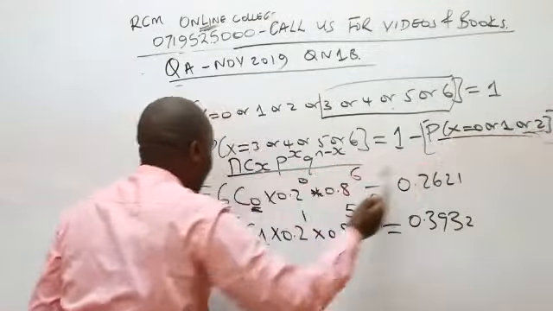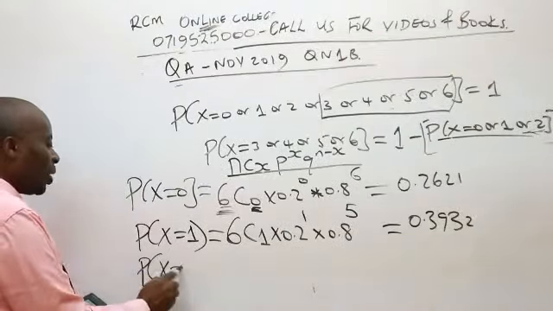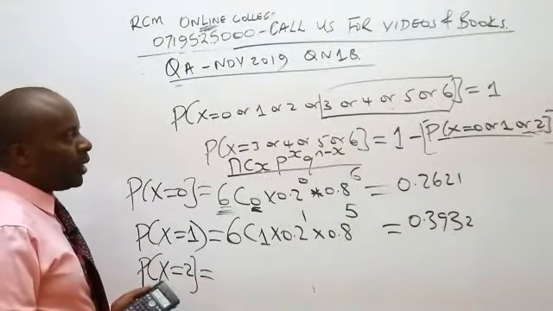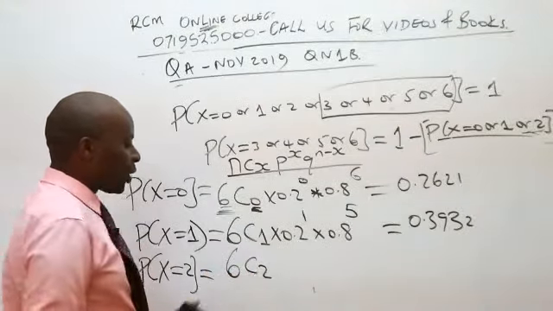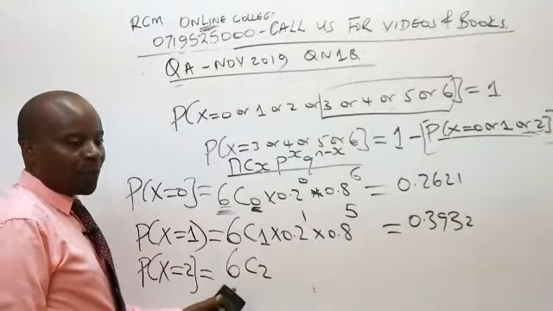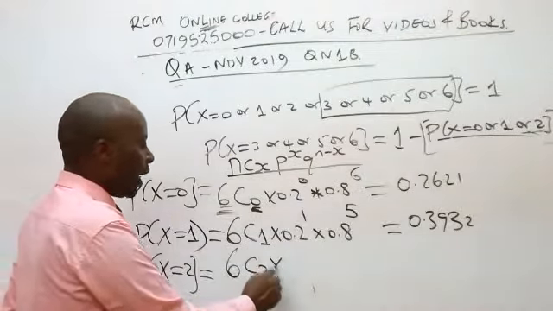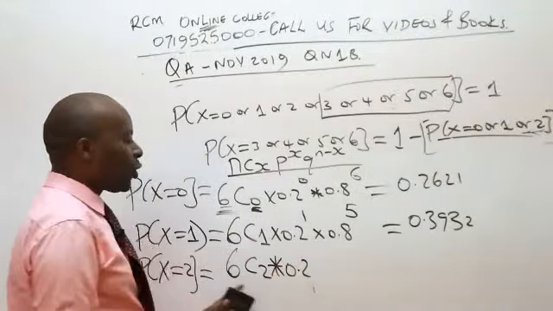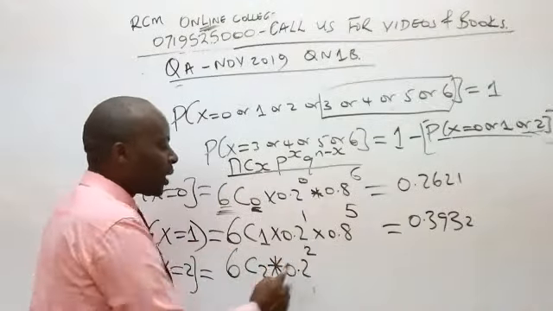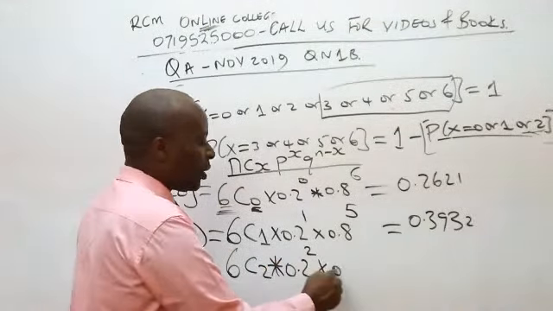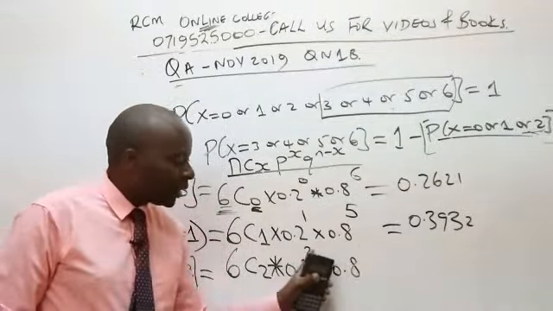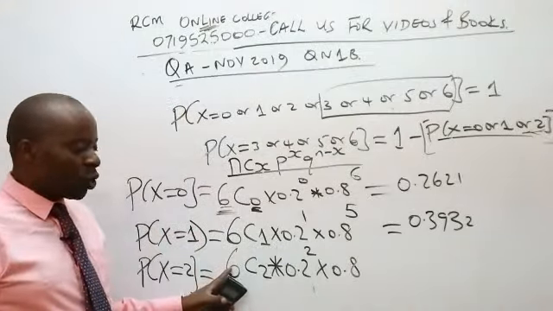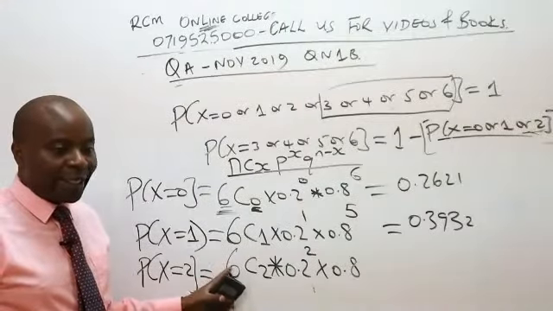From there, ladies and gentlemen, we have the last event. The last event is the probability of X being equal to 2. The probability of X being equal to 2 will go like this: 6 combinations X, where our X is 2. So 6 combinations 2 times 0.2 raised to power X, where our X is 2, times 0.8 raised to our new power here. Remember the fact that the two powers must always total to 6, the n that is here.